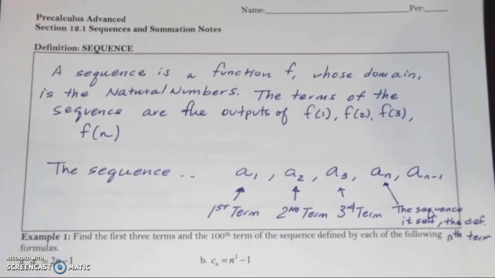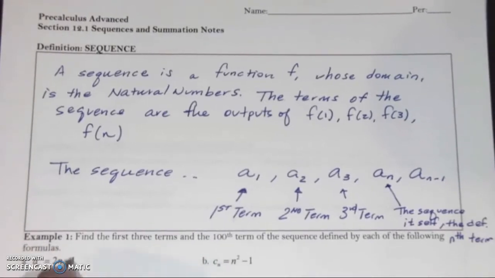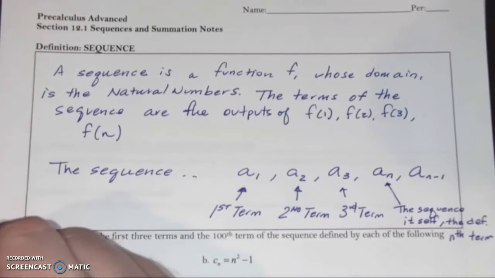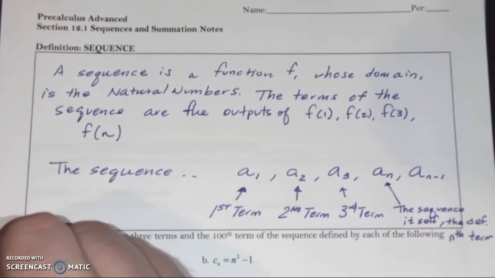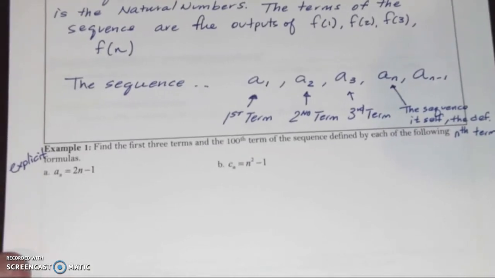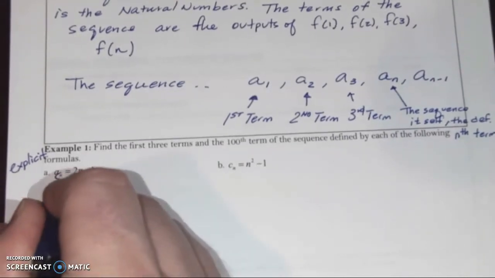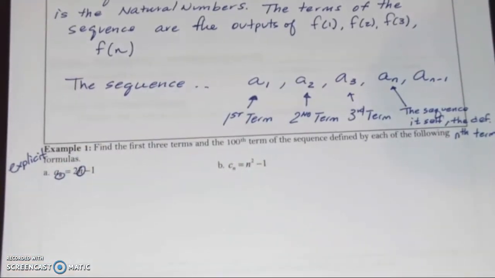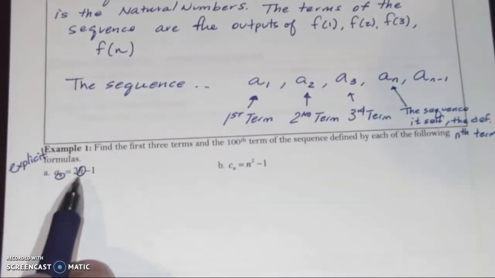So the first example, find the first three terms and the 100th term of the sequence defined by each of the following formulas. Each one of these four sequences is defined by what we call an explicit formula, where the sequence is written in terms of n. So the nth term is written in terms of n.